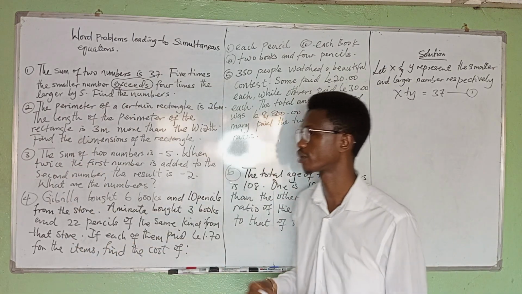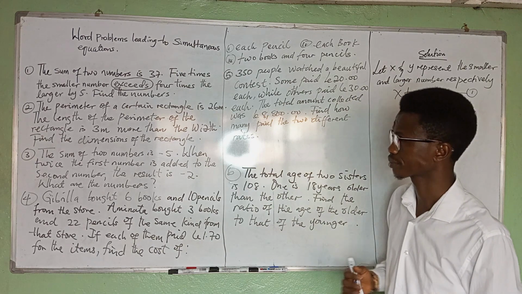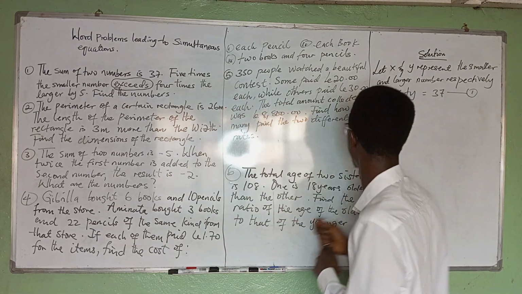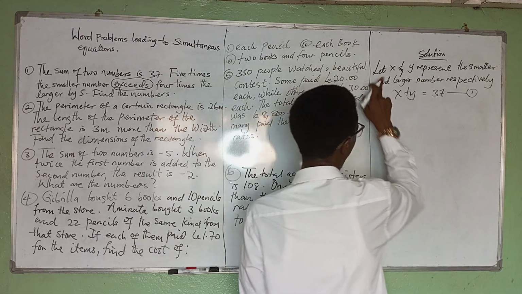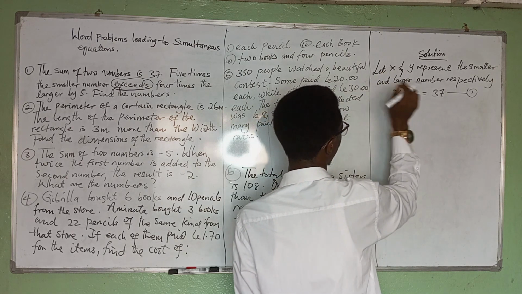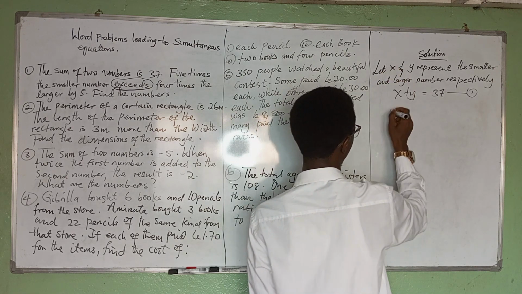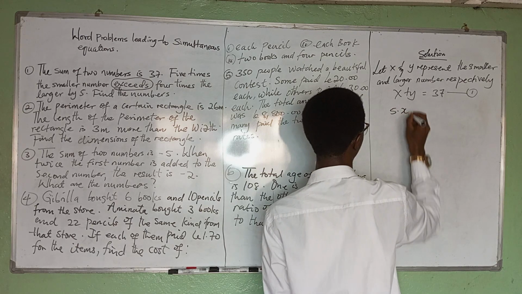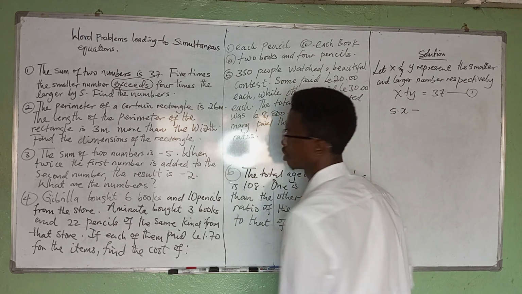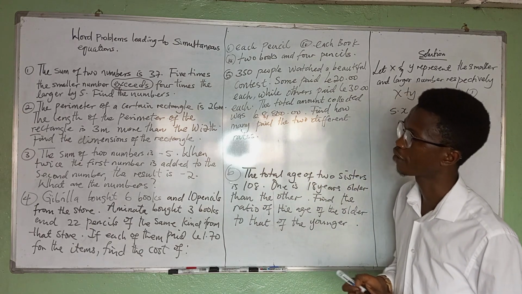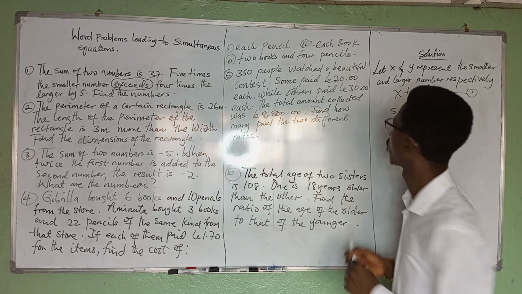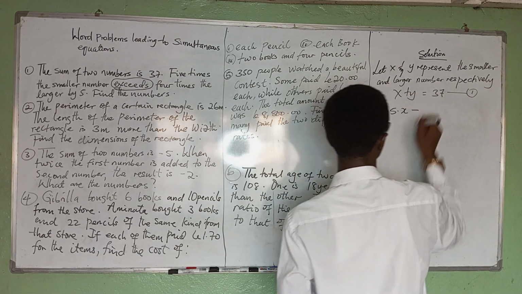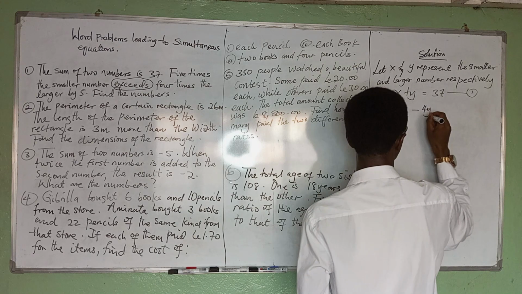So 5 times the smaller number, x, exceeds, that's minus, 4 times the larger, y, by 5.